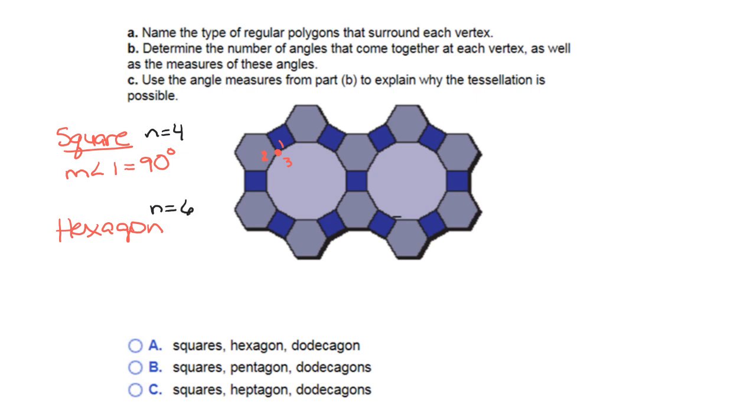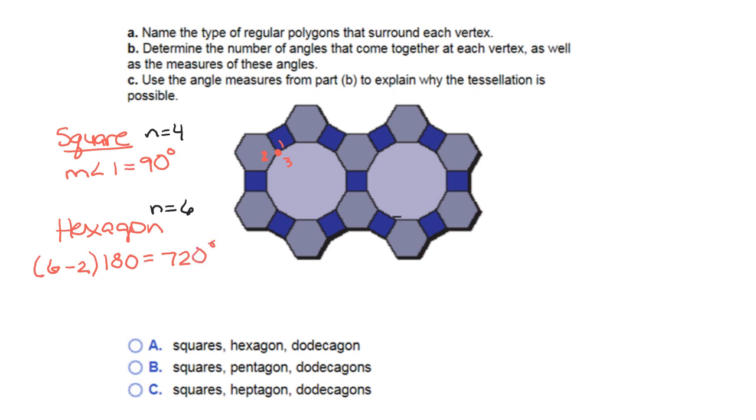All right, so we need to find the angle measure for the hexagon. How many degrees is one angle worth? So we're going to use the formula n minus 2, in this case 6 minus 2, times 180, the sum of the angles. This is going to give you a total of 720 degrees.